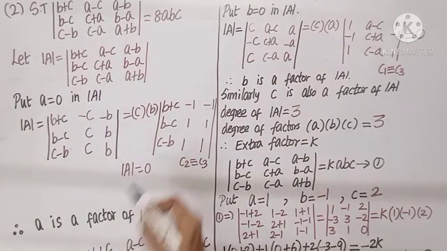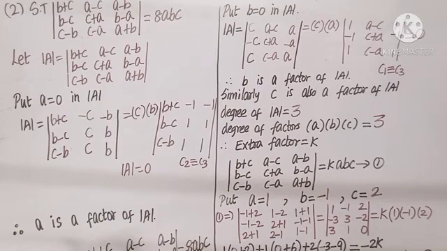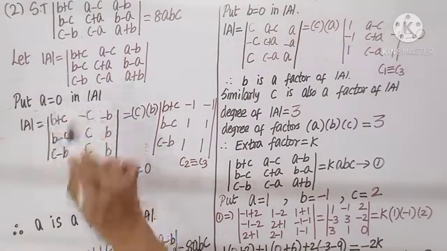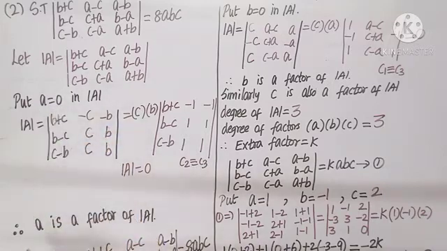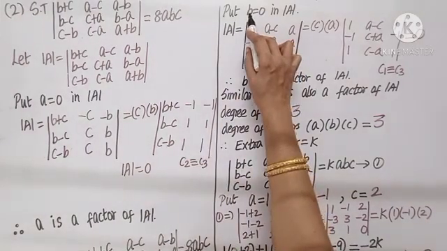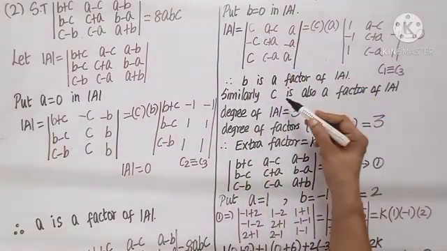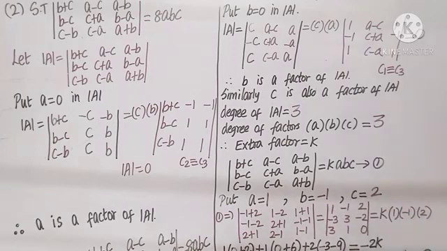Whenever the determinant is 0, I can immediately conclude that A minus 0 is a factor. A minus 0 is nothing but A, so therefore A is a factor of the determinant. The same idea, I use B equal to 0. And I can similarly declare C is also a factor of the determinant.